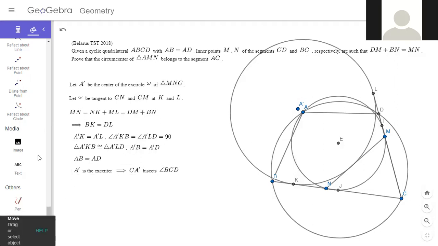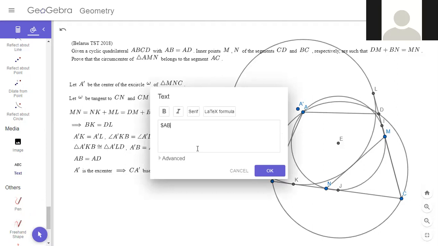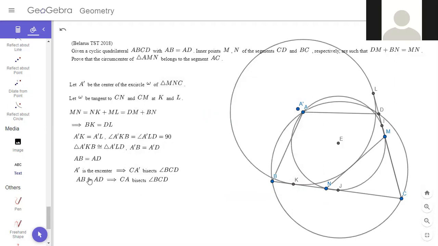And then so C, A, and A prime are collinear.